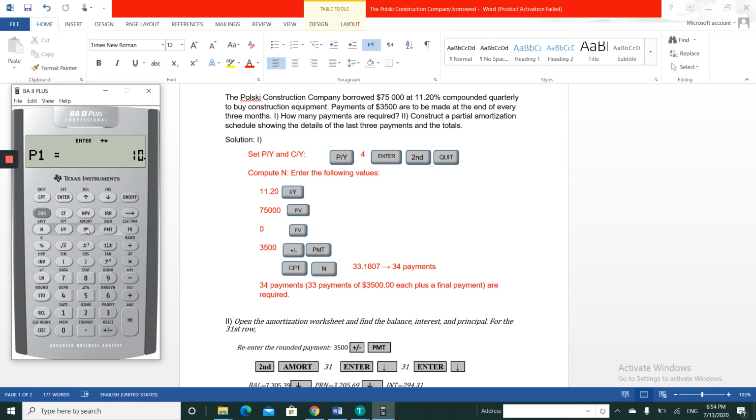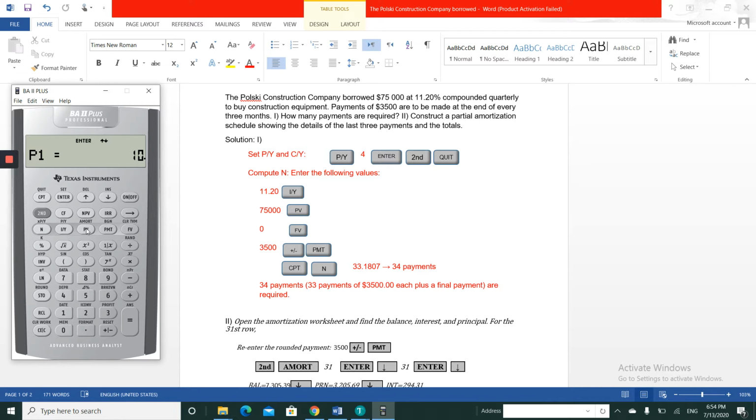Okay, total number of payments is 34. I need the details of the last 3 payments: payment number 32, payment number 33, payment number 34. I need the interest, principal and unpaid balance for these 3 payments.